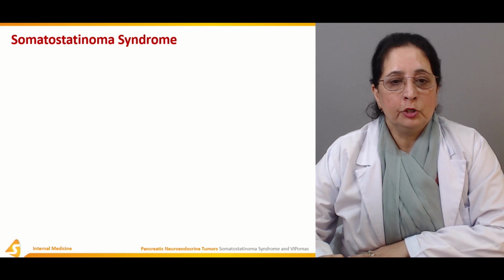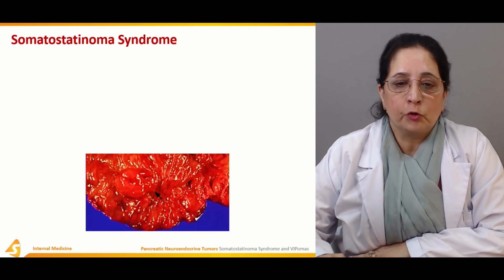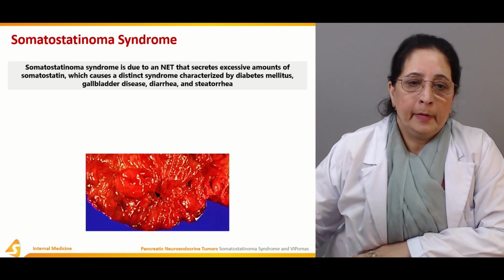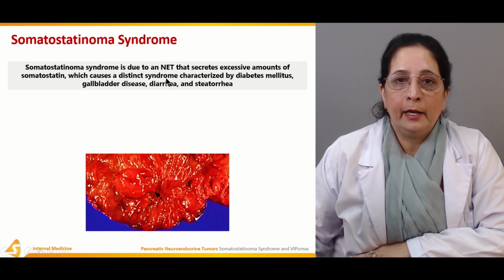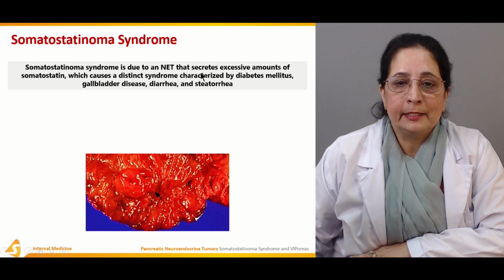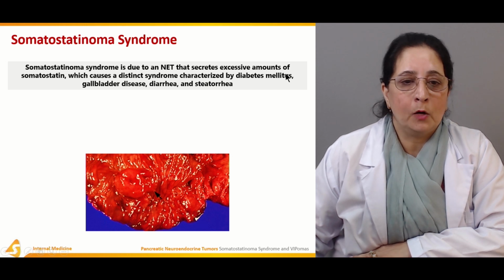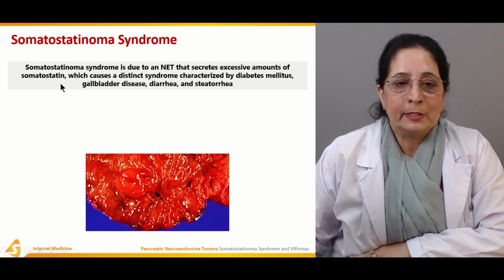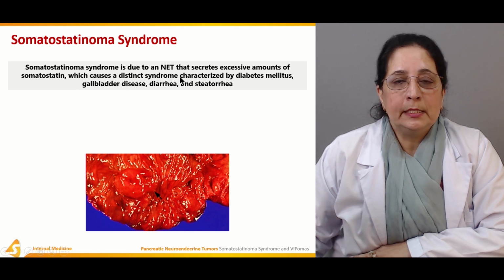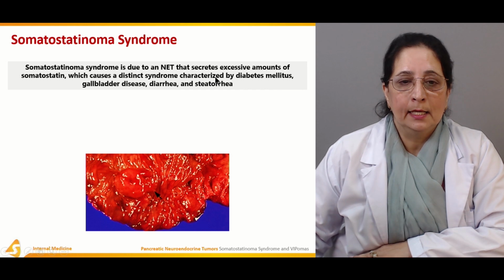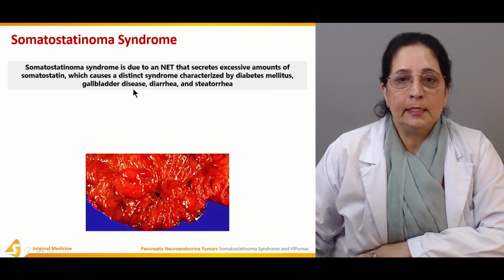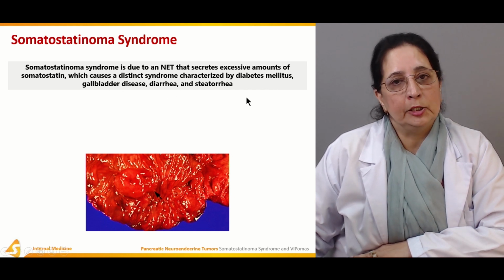So somatostatinoma syndrome. Somatostatinoma syndrome is due to a neuroendocrine tumor that secretes excessive amounts of somatostatin, which causes a distinct syndrome characterized by diabetes, gallbladder disease, diarrhea, and steatorrhea.